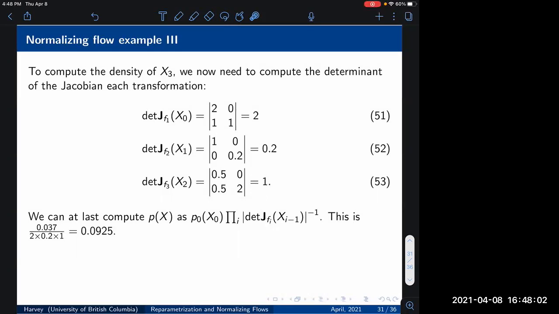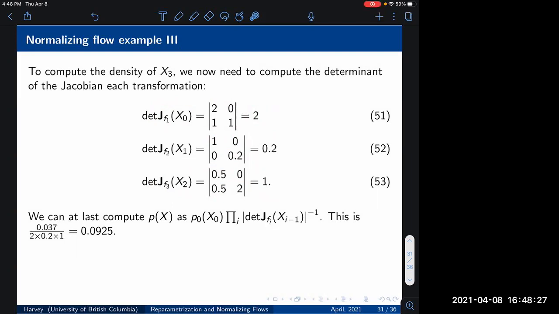These two are the affine transformations, and we just have the Jacobian of the weight matrix. Here we have the Jacobian of the element-wise transformation, which is a leaky ReLU, and so is one where the input was positive and 0.2 where the input was negative. And so these are the Jacobians.